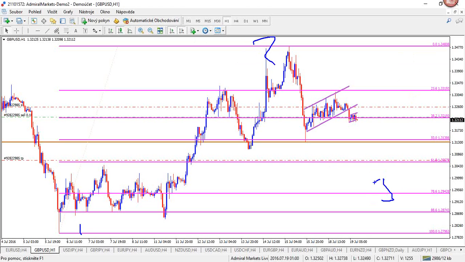Depending on how it falls and how it reacts, we can judge if the bullish or bearish scenario seems more likely. But both scenarios at this moment say shorting the pound dollar looks good.